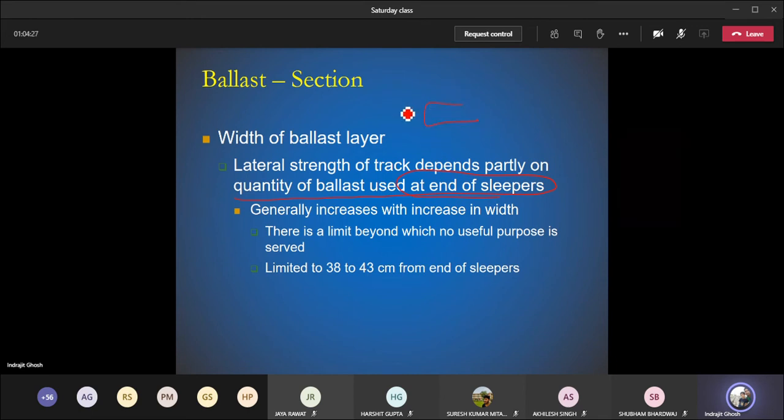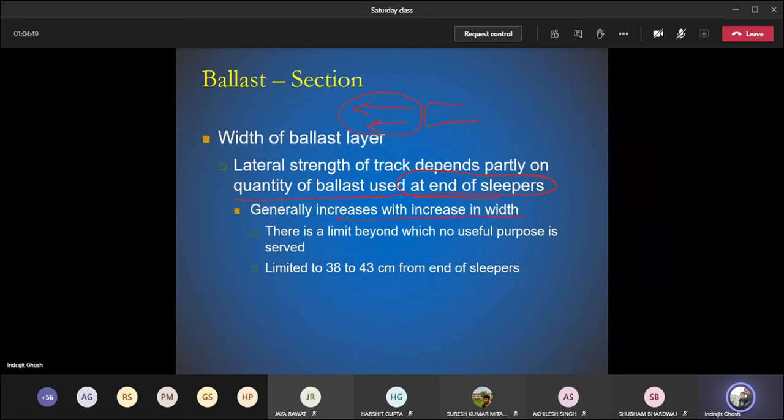By the side of the sleeper, how much ballast we are providing. Now it has been observed that it increases with the increase in width. So the more width we have, the more ballast layer we are using at the end of the sleeper, the lateral strength will automatically increase, but there is a limit.